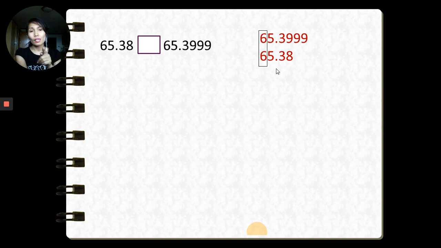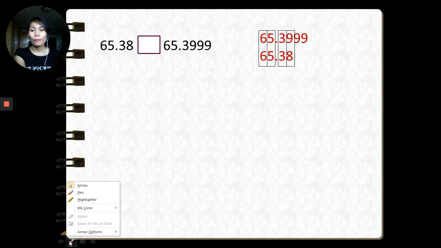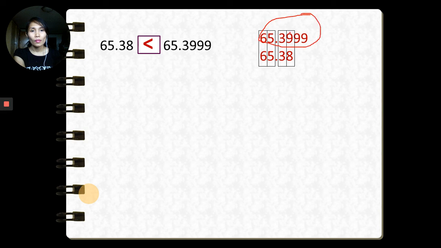So let's start with 6 equal 5, ones place equal, tens place equal, hundredths place, 9 is greater than 8. So the answer here is less than. Yeah, because this is greater. 9 is greater.